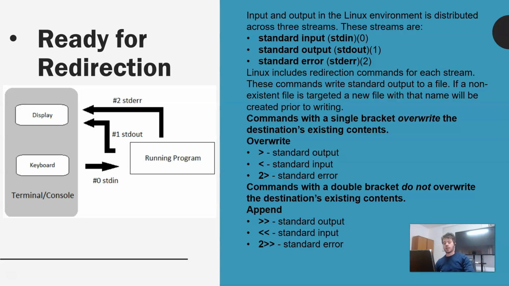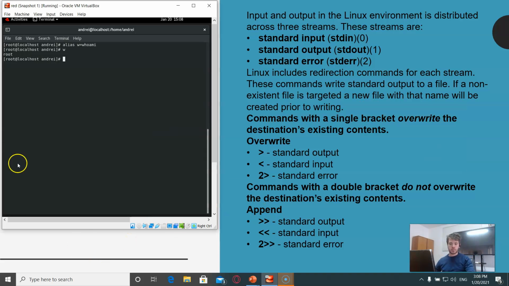And let's do a test on these ones. So I have my terminal here. I'll just clear. And let's say that I am using echo to best illustrate this. This is a redirect.